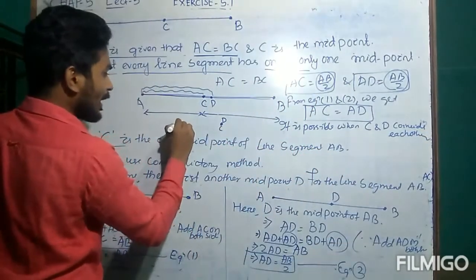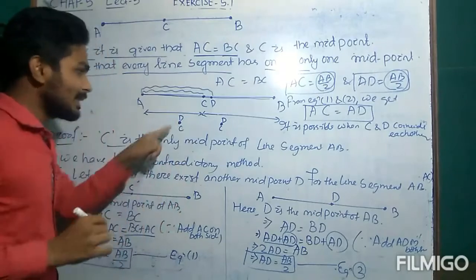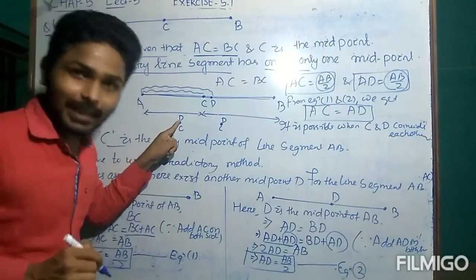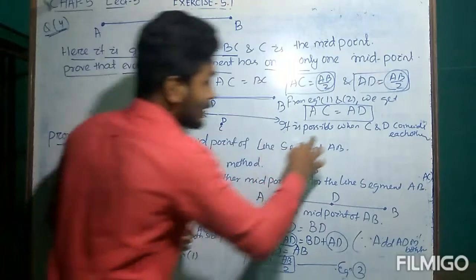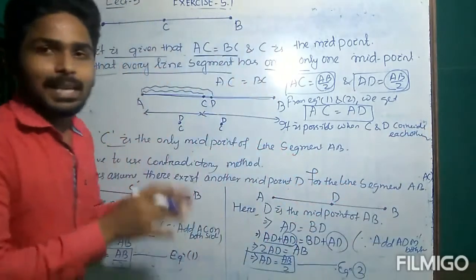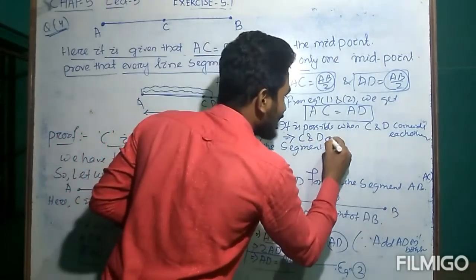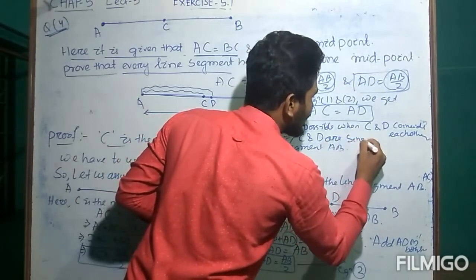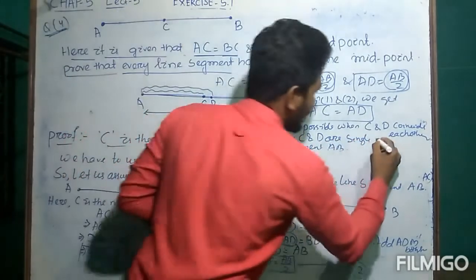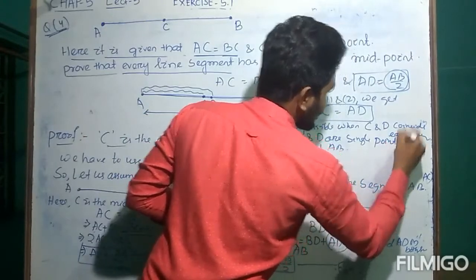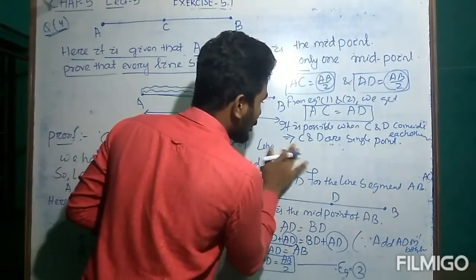See, at this point, this is the point C, and this point is also point D. It means this point is nothing but C and D both. Understood? So it is possible when C and D coincide each other. Hence, C and D are a single point. They are not distinct points.